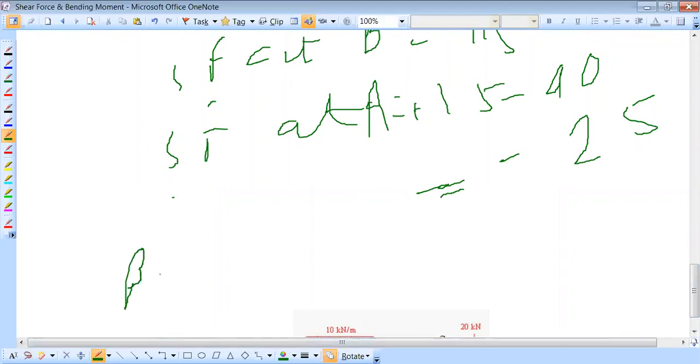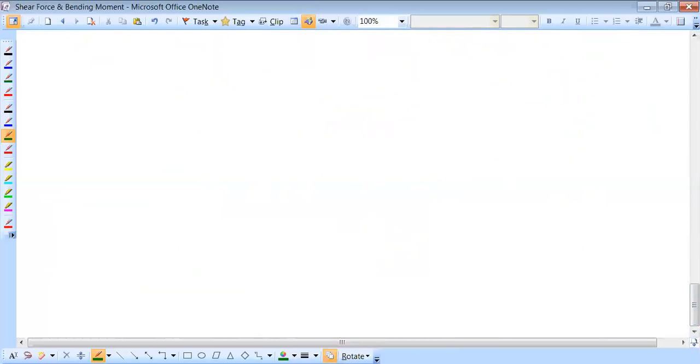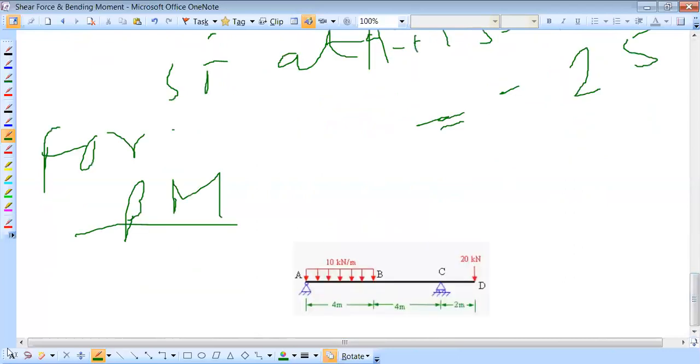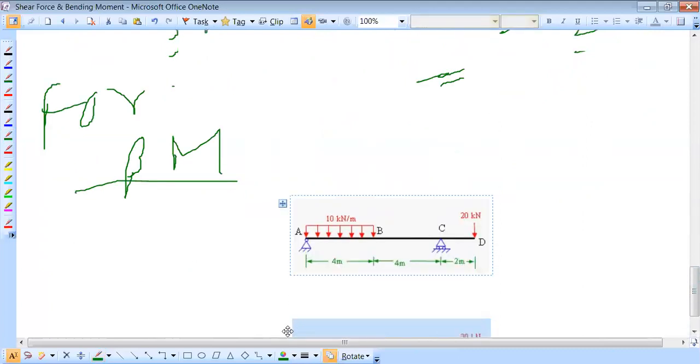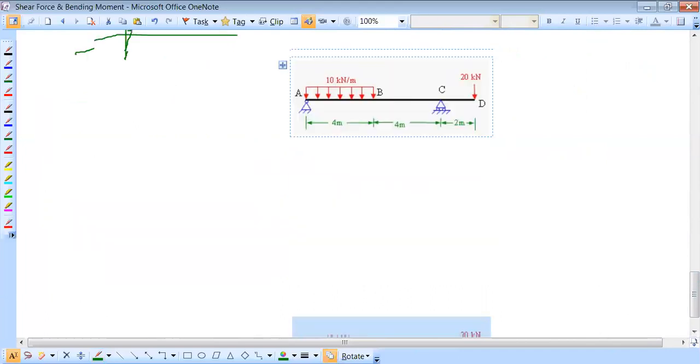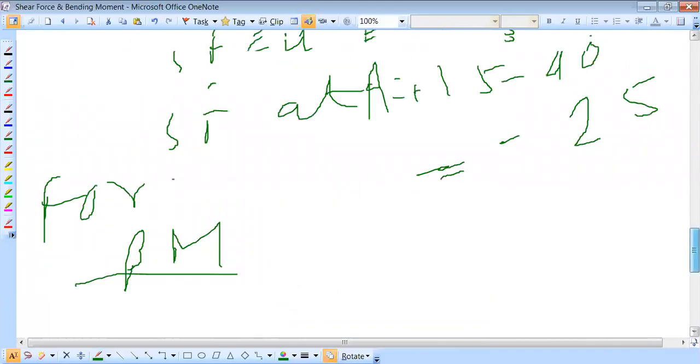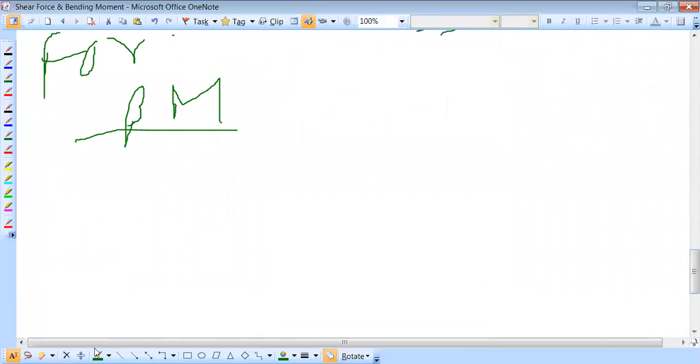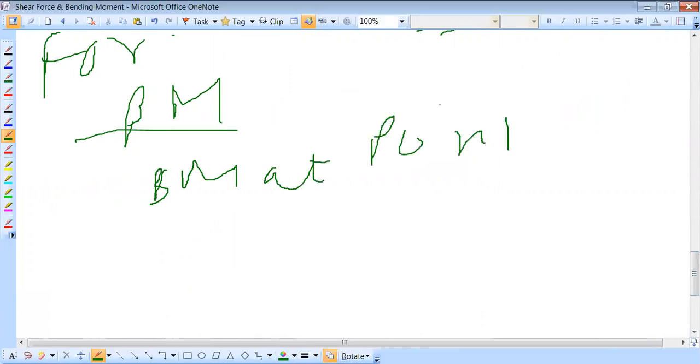Now for BM, when you find out the BM, BM at point D is equal to 0, as we know.